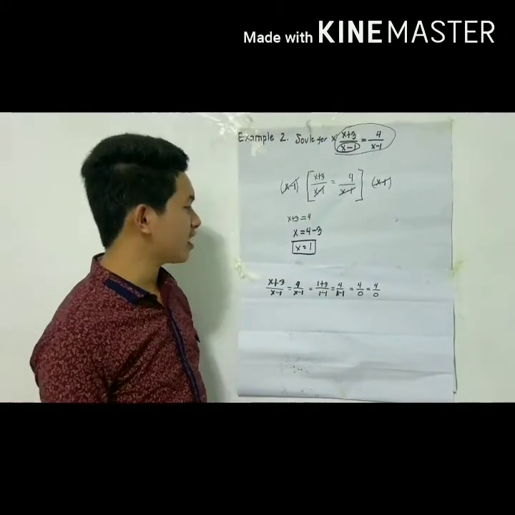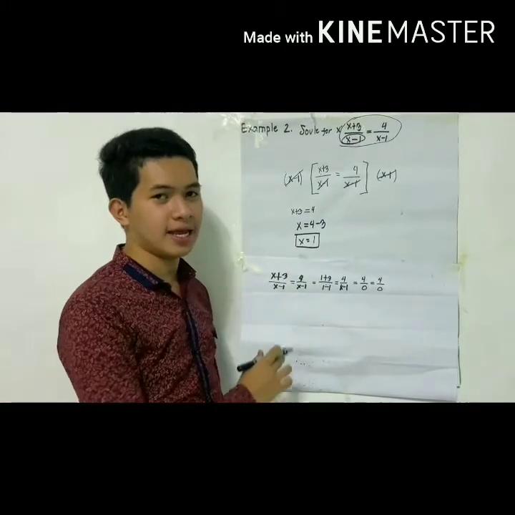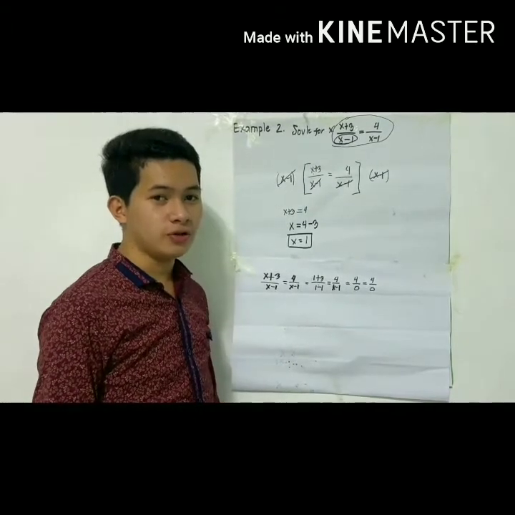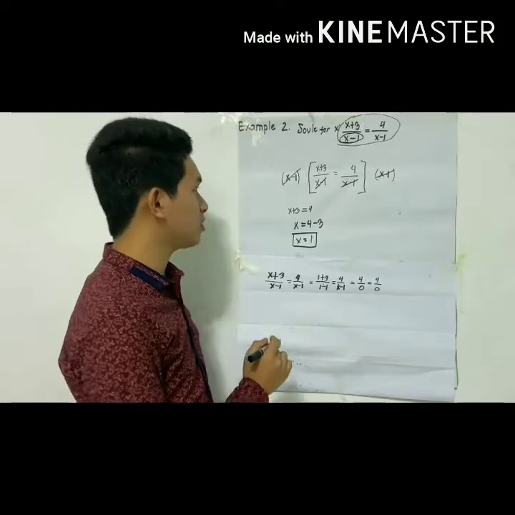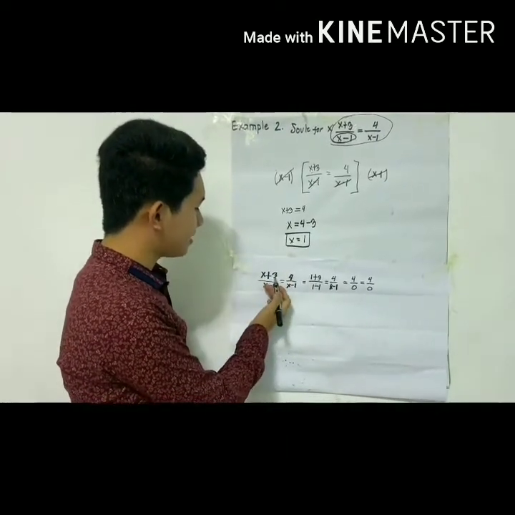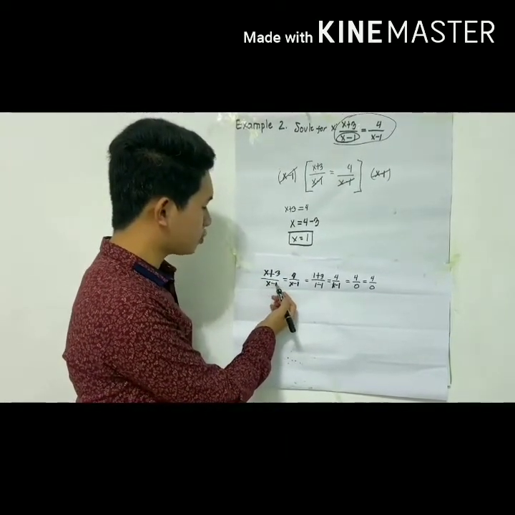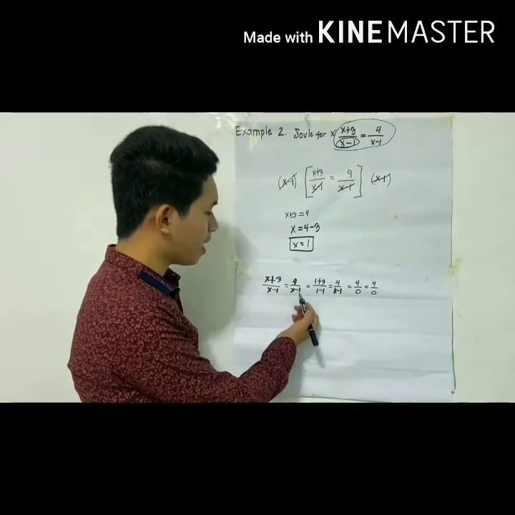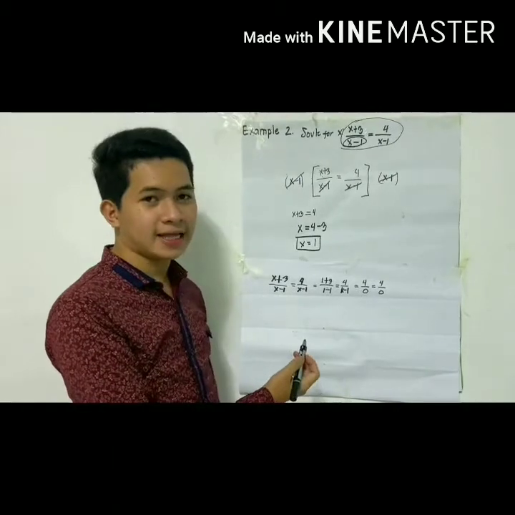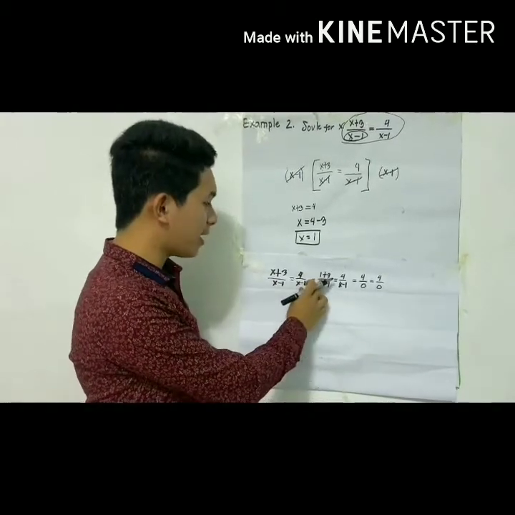Next is, i-check natin yung 1 kapag yan ay hindi extraneous solution. So, gagamitin natin na equation is the original equation, which is x plus 3 over x minus 1 equal 4 over x minus 1. Then, papalitan natin yung x natin ng 1.